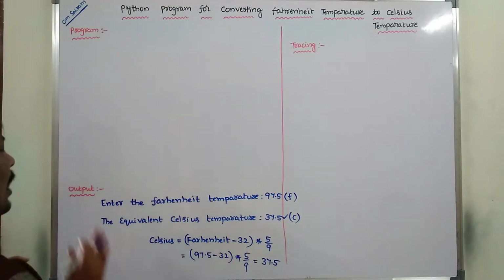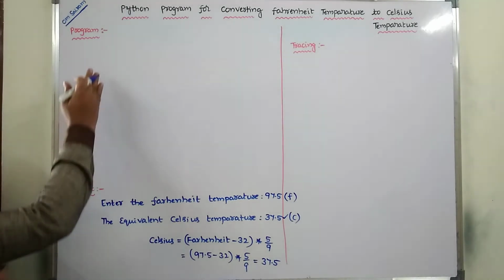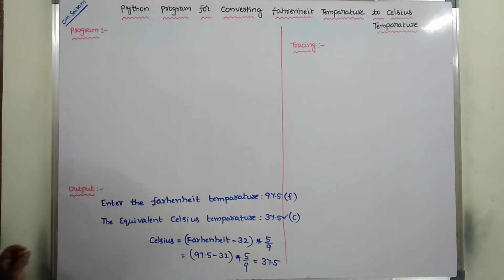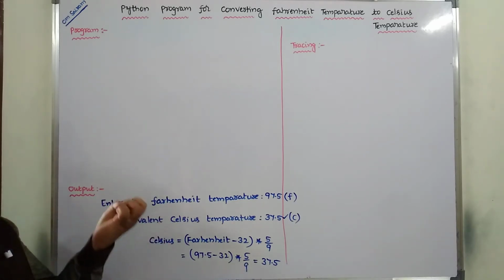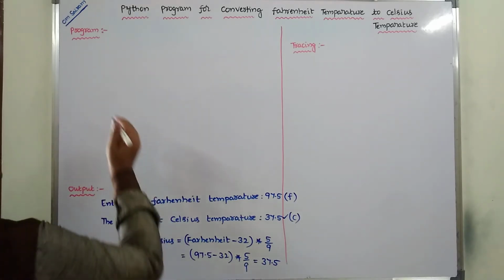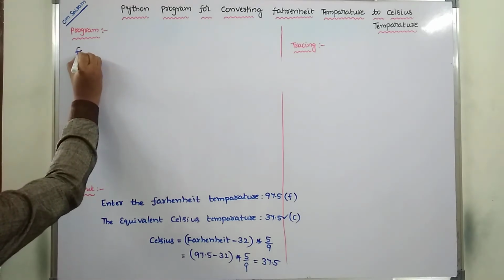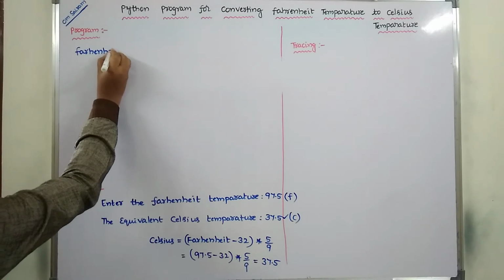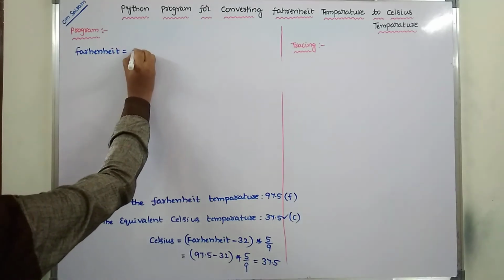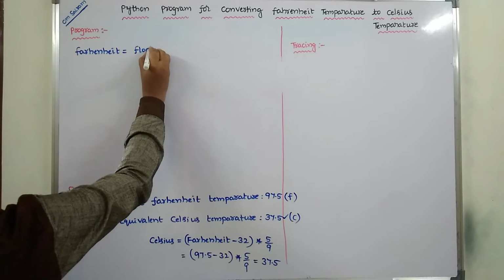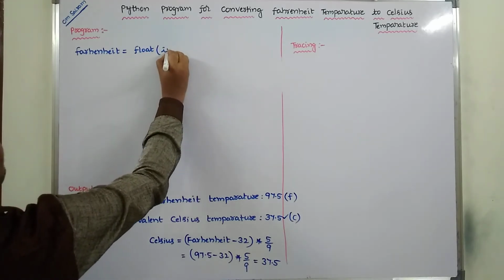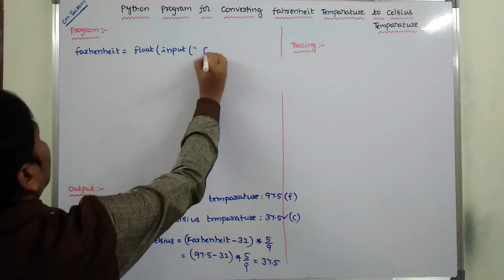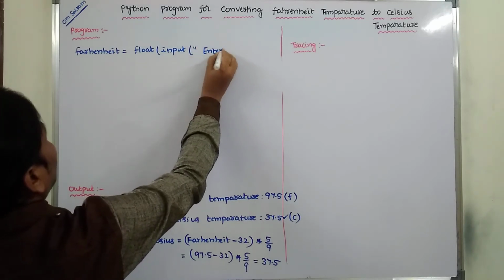According to this output, we are writing the program. First one is enter the Fahrenheit temperature. That means how we take the input from the keyboard. Fahrenheit is equal to float of input of "Enter the Fahrenheit temperature".